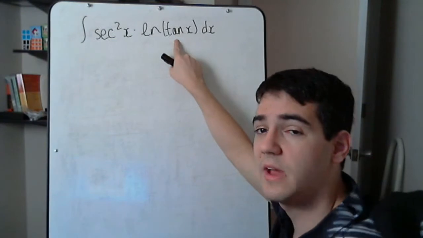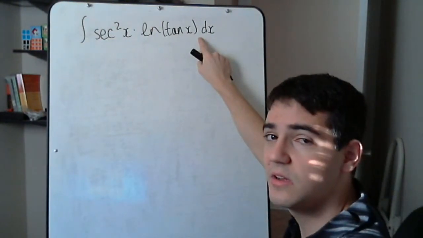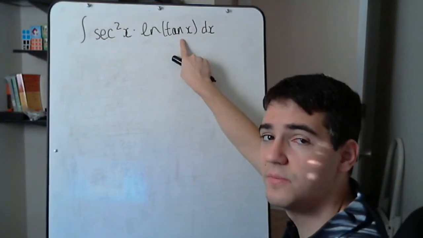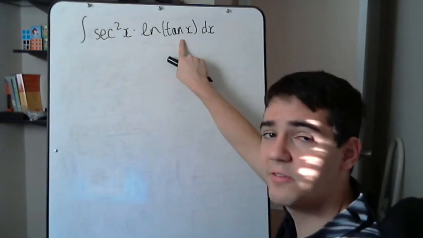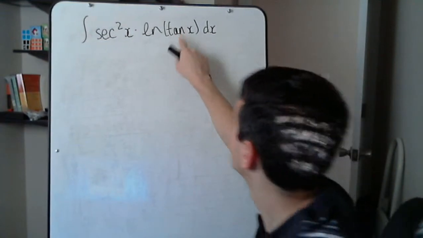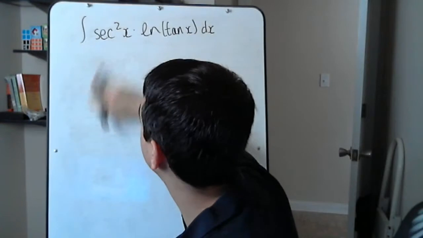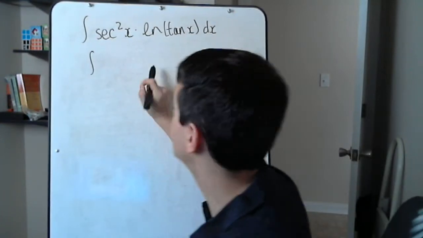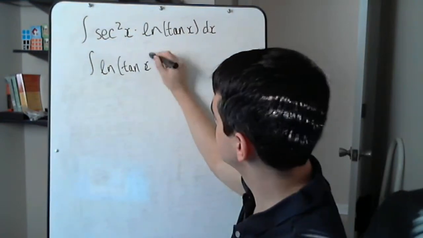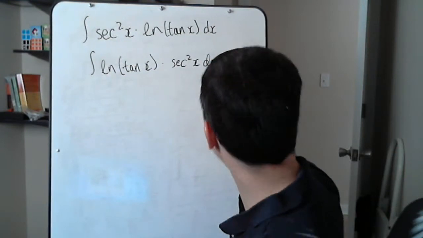We don't have to make the entire function a u. Remember, it's the interior function that needs to be a u. So let's rewrite the integral as ln of tangent x times secant squared x dx.